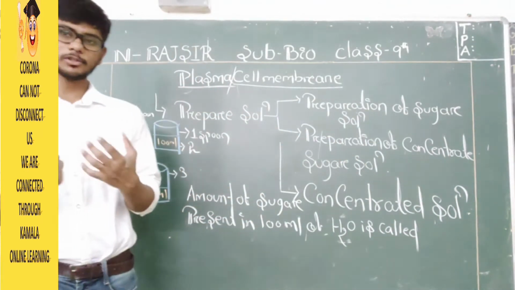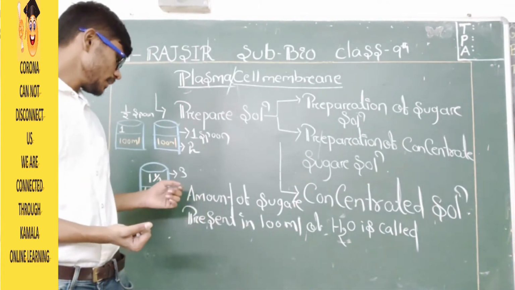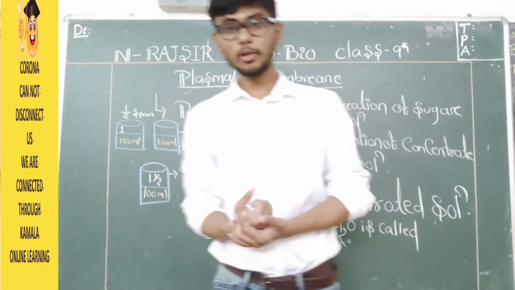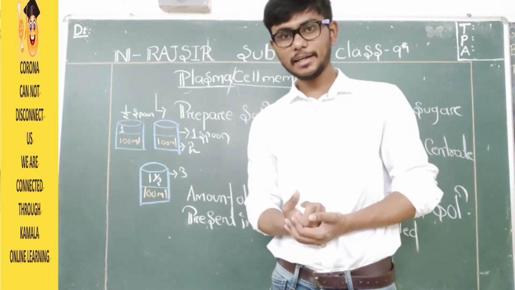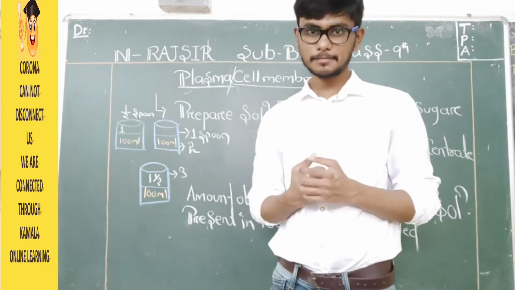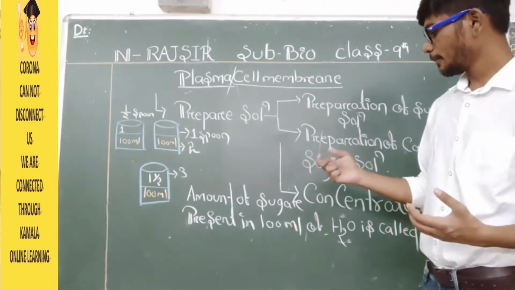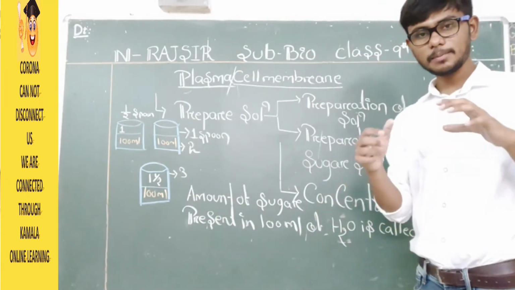Whenever somebody asks what is a concentrated solution, you need to say the maximum amount of solute that can be added to 100 ml of solvent will be the condition for making a concentrated solution. Is that clear? I hope it is clear.